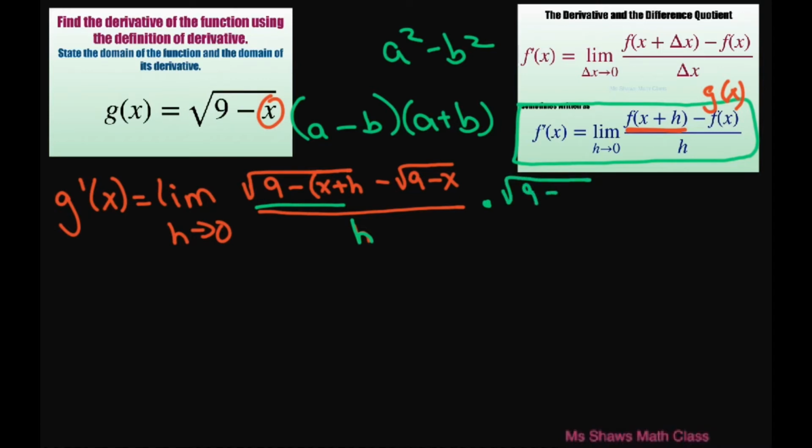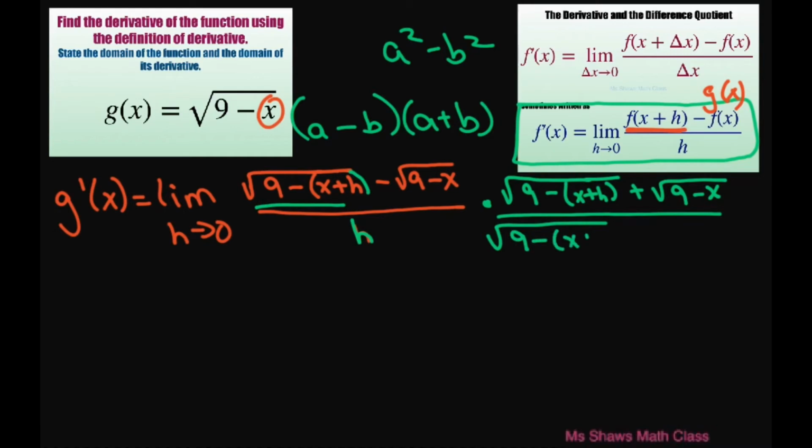So 9 minus x plus h, instead of minus put plus, square root of 9 minus x. All right, and then you're going to also have to multiply the denominator by this. So square root of 9 minus x plus h plus square root of 9 minus x.